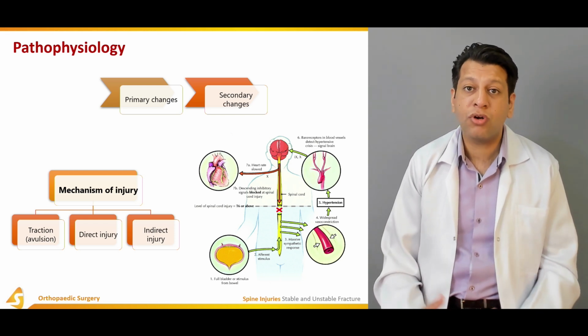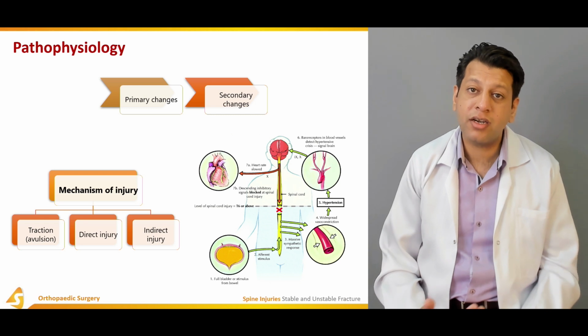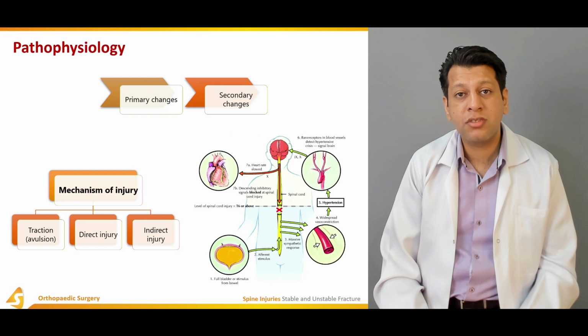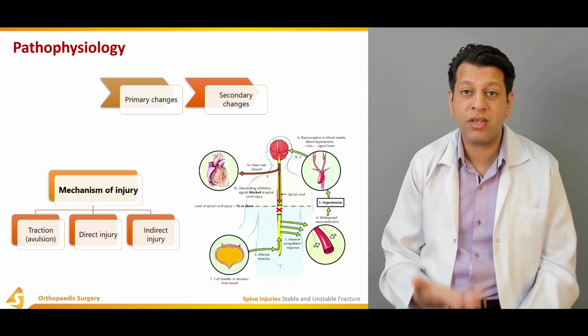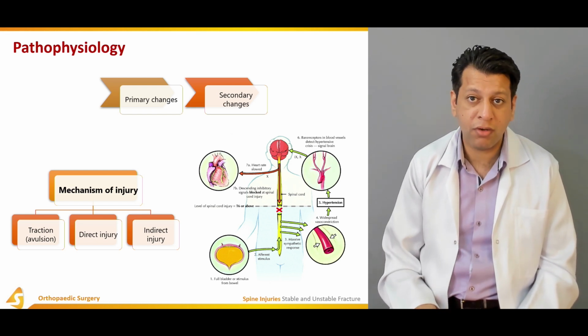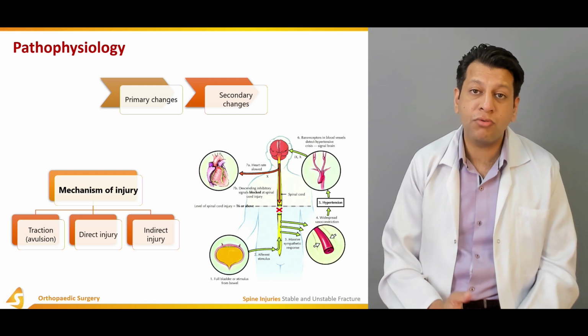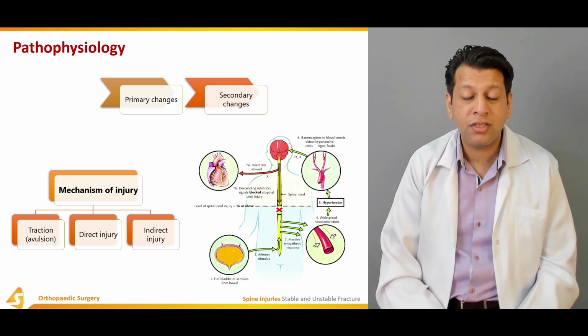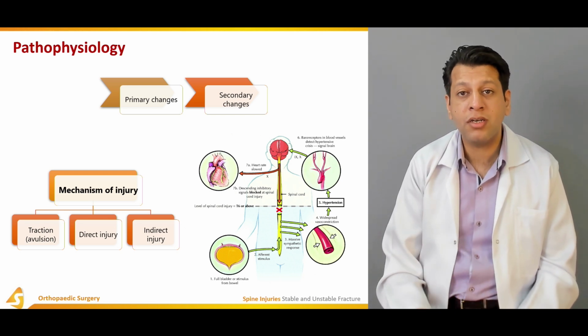This is not a direct injury but an indirect injury causing the problem over the spinal cord. Similarly, severe neck extension or flexion can lead to cervical vertebrae fracture, also not from direct injury but indirectly due to so much force and strain placed on the ligaments, resulting in disruption of the ligaments leading to traction, avulsion, and rotational types of injuries.